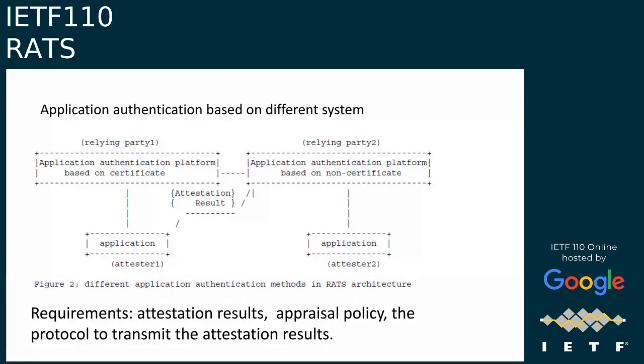Of course, we should have requirements for attestation results, a verifier policy, and the protocol to transmit the attestation results. Especially, we have to stress the security of the protocol. Next slide.